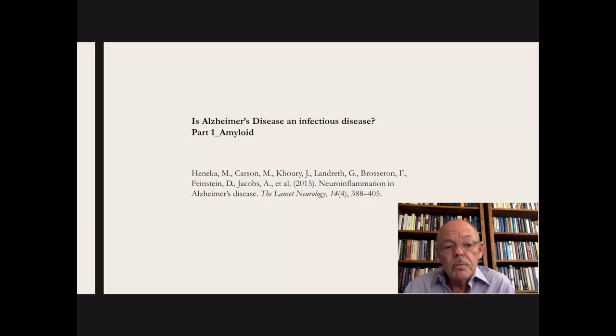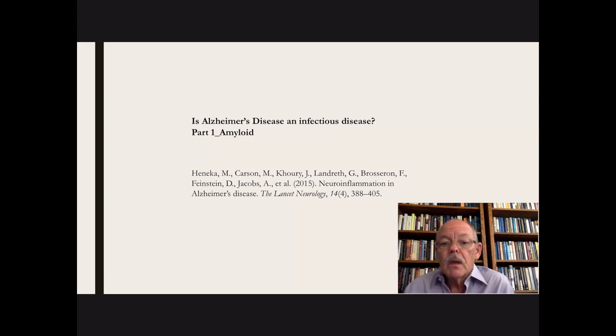So amyloid seems to be the starting point of disaster in the aging brain. Let's dissect a little bit what amyloid actually does, where it comes from, and the other side of amyloid, which may have been overlooked thus far.